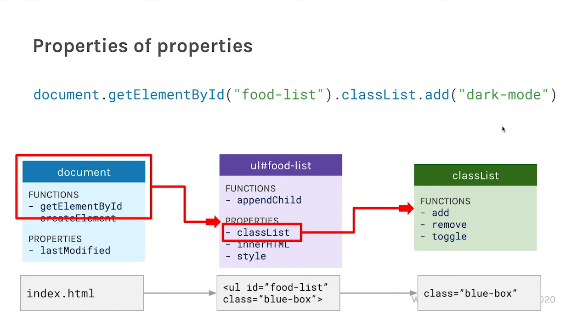And for this last part, add, we also give it a string, and the string is the name of the CSS class that we want to add. So this is our full line of code of how we might add a CSS class with JavaScript. You could technically just not write any CSS classes in your HTML and apply all of your CSS through JavaScript if you really want to do that.